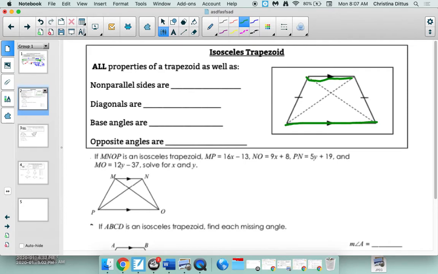Those are still parallel, but the ones that aren't parallel are, guess what? Congruent. They're equal. Our diagonals, remember those are the lines inside our shape, are also congruent.